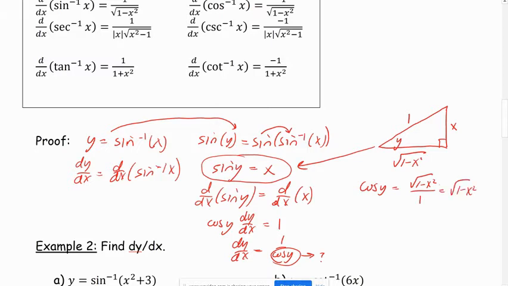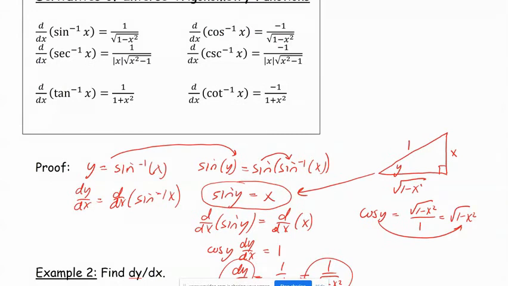So the cosine of y can be replaced by the square root of 1 minus x squared. So this means dy dx, 1 over cosine y, is equal to 1 over the square root of 1 minus x squared, because that's what cosine y is according to this statement. Okay, so now we have the derivative is equal to 1 over the square root of 1 minus x squared, and that's exactly what it shows here.